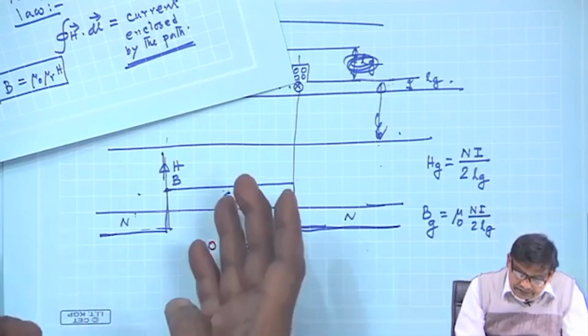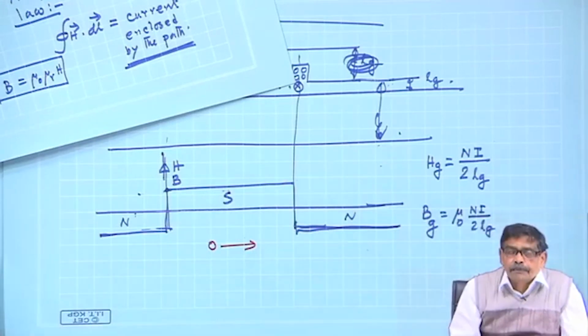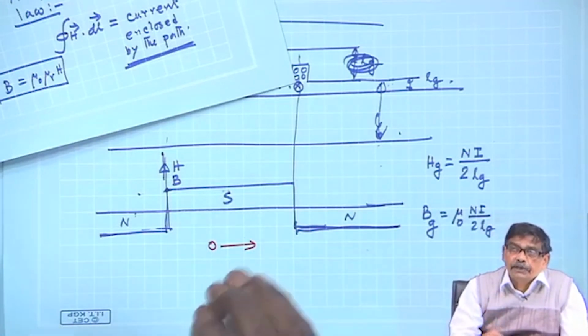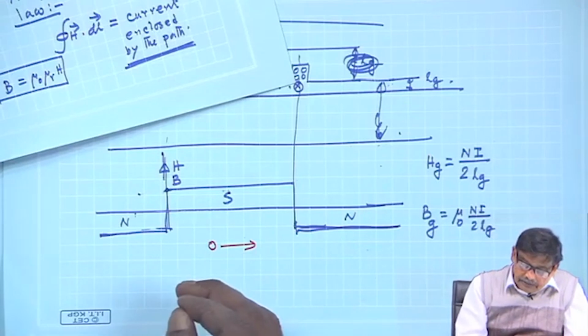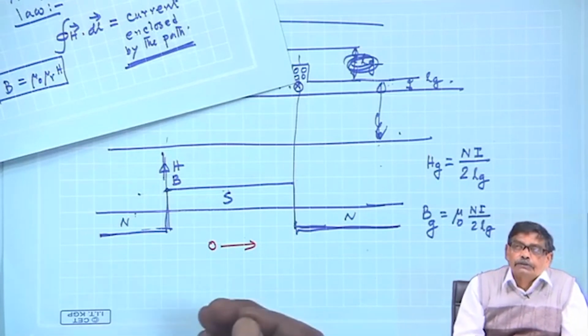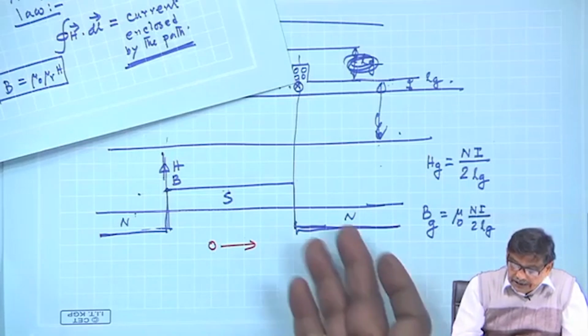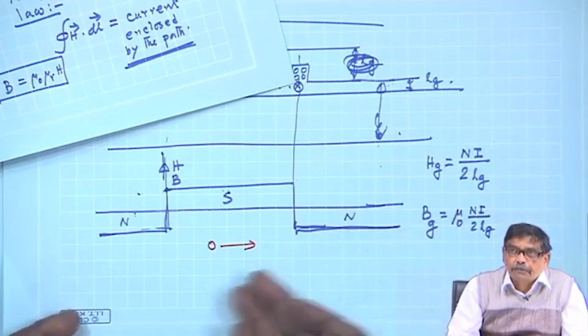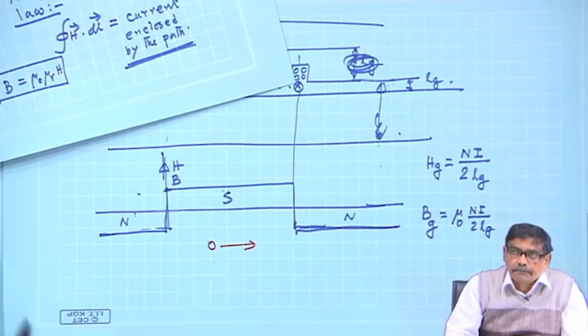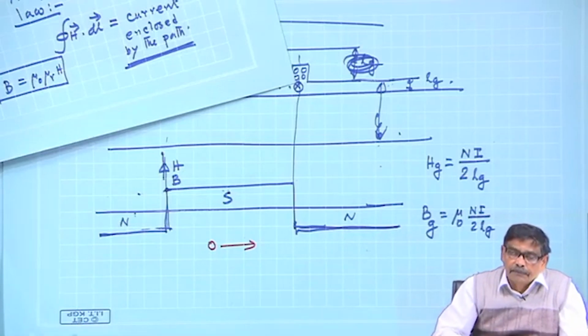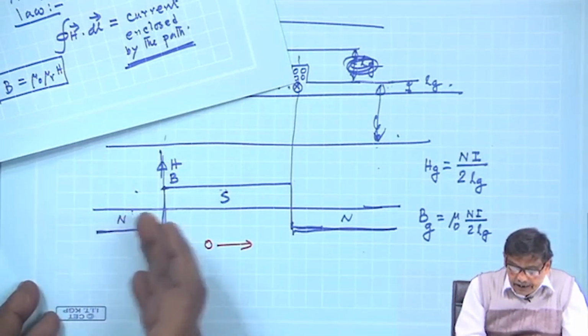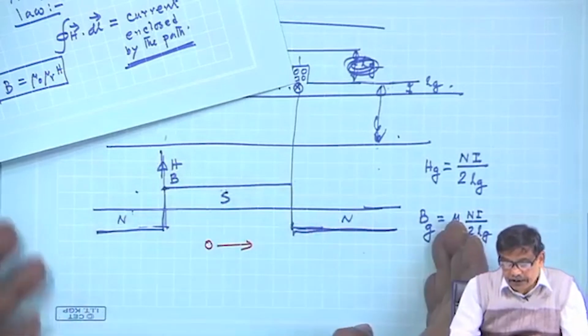Same as this south-north pattern. Whatever is the pattern of B, that will be the voltage pattern as well. Only thing, this space will be replaced by some Vt, velocity into time, thereby time will come. So, with respect to time, you will get a square wave voltage.